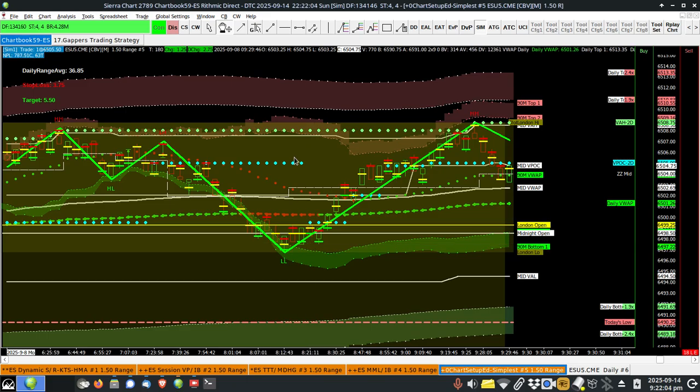When you have a VPOC shift down, it generally, not always, but generally means that it's supporting an upside move. So generally speaking, you'll go through, and probably on the same bar or the next bar, you'll get an exhaustion print to the downside. See that green exhaustion print?